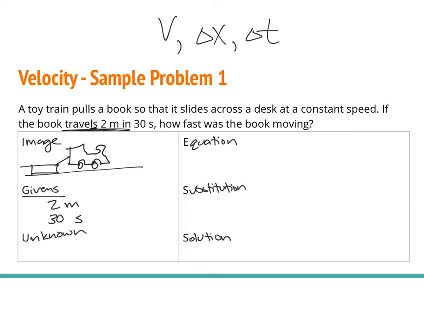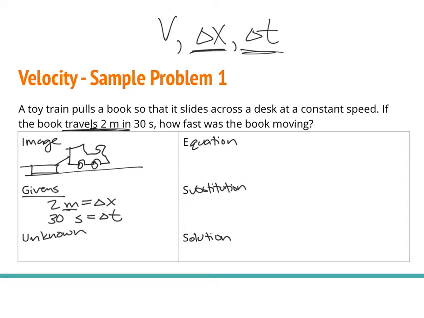You can look at the units for this. Meters, we know, is delta x, so I'm going to write 2 meters equals delta x. And seconds is talking about a time, so we say 30 seconds equals delta t. That's all the numbers they gave us in the question, so that's all of our givens.